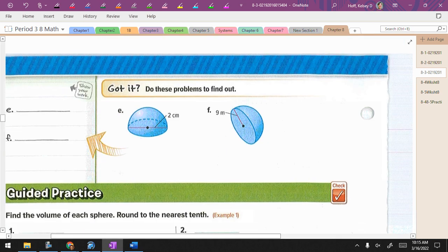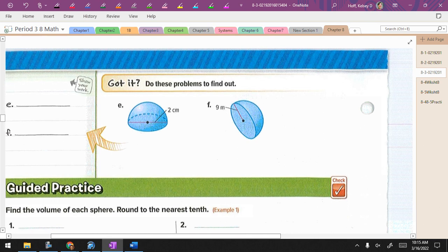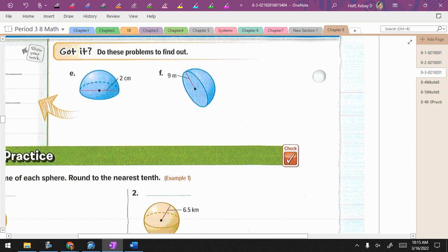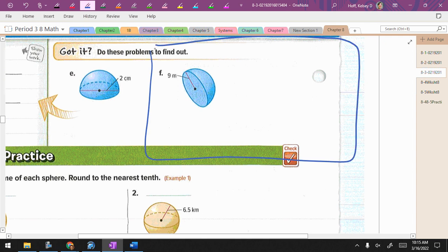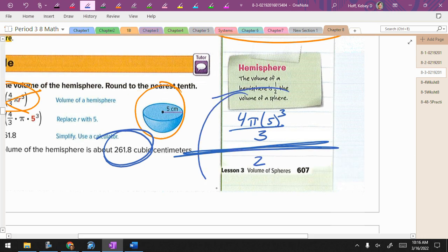Do we have to simplify at the very end? Only the last step. Yep. Okay, I'm going to have you start to finish. Got it? F. Top of the next page, and then I will turn you loose. Hemisphere. Just write this right here.